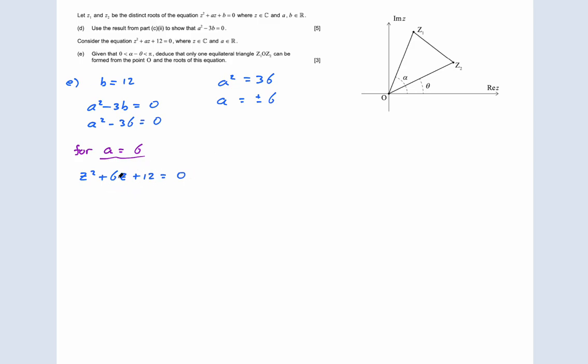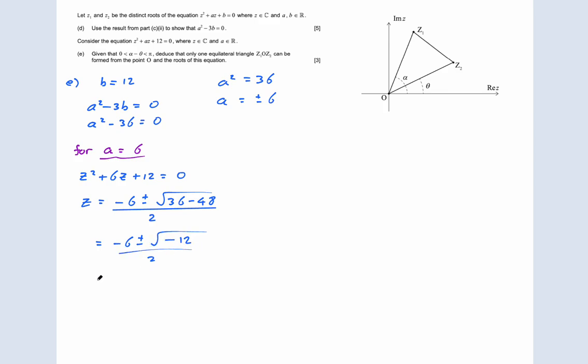I can get them from the quadratic formula: minus b, minus 6, plus or minus the square root of b squared minus 4ac, 48, all over 2a, which is 2 times 1, which equals minus 6 plus or minus the square root of negative 12 over 2.